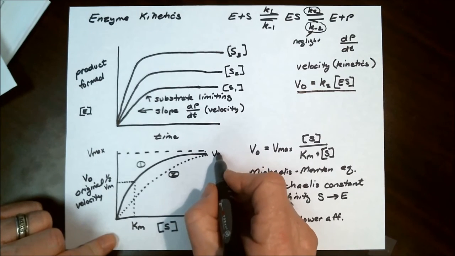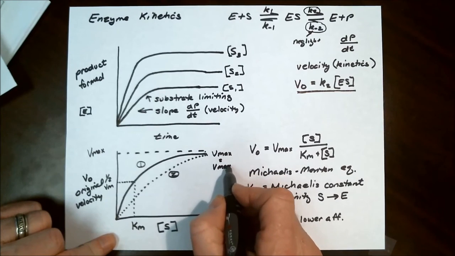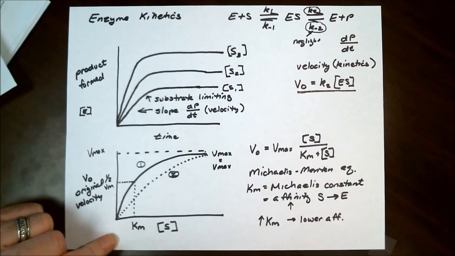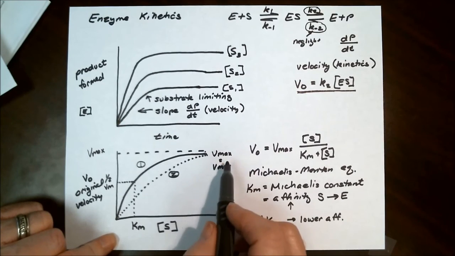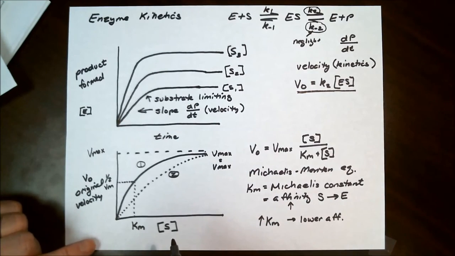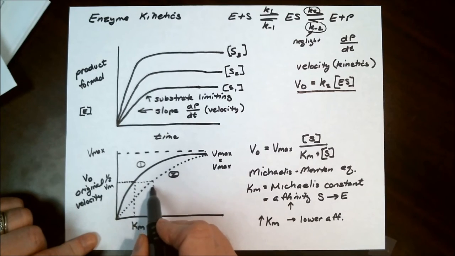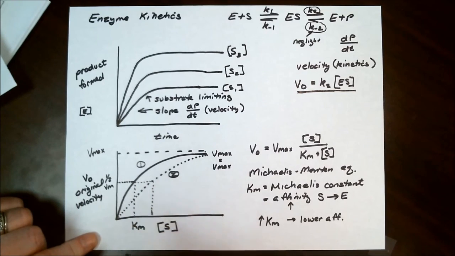Notice that the enzymes have equal Vmaxes. That implies that the enzymes have the same velocity of converting the substrate into product at high concentrations of substrate. But now let's look at 1/2 Vmax.